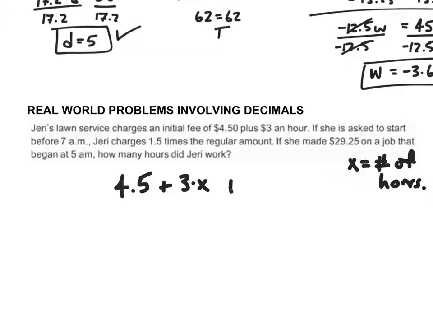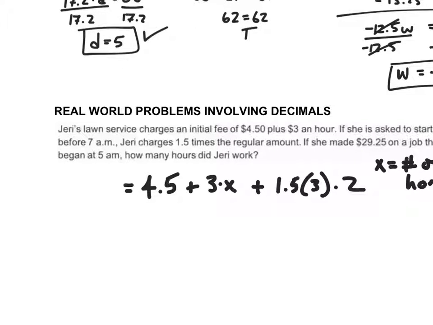So we're going to add 1.5 times 3 times 2. How I came up with that is I did 1.5 times the regular amount, which is 3, and Jerry worked for 2 hours. All of this is going to be equal to 29.25, and we want to figure out how long Jerry worked.